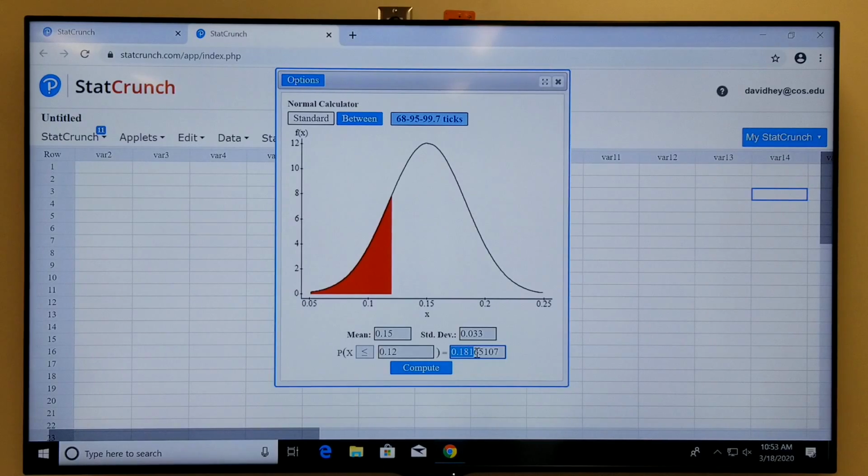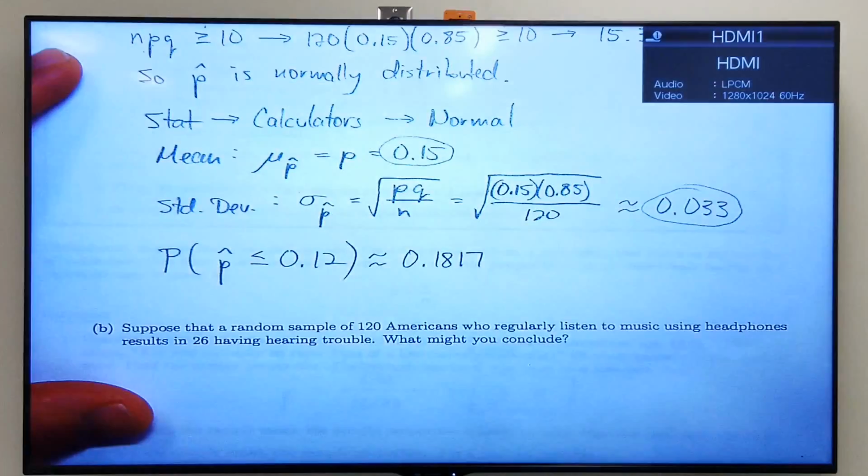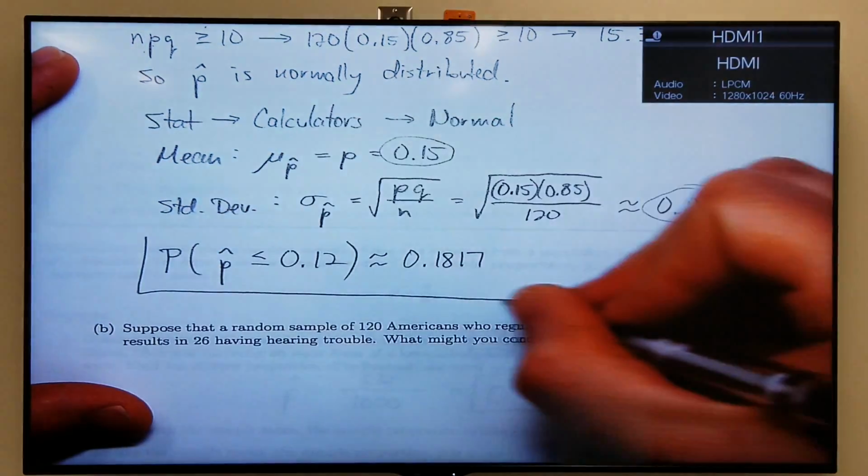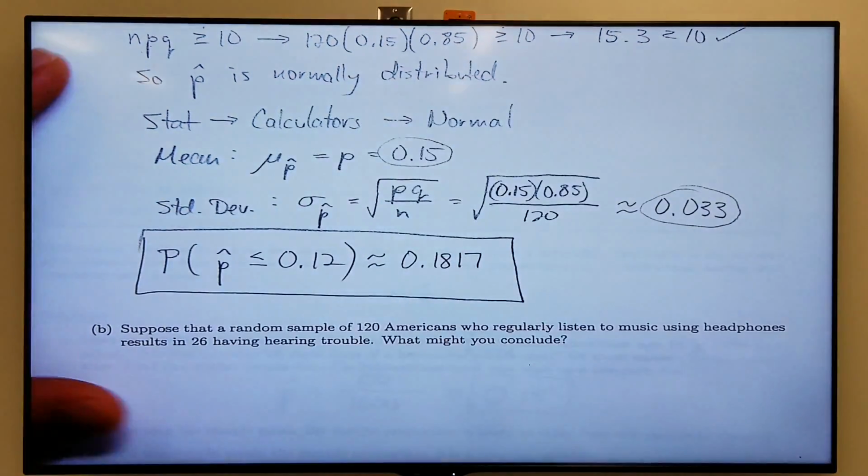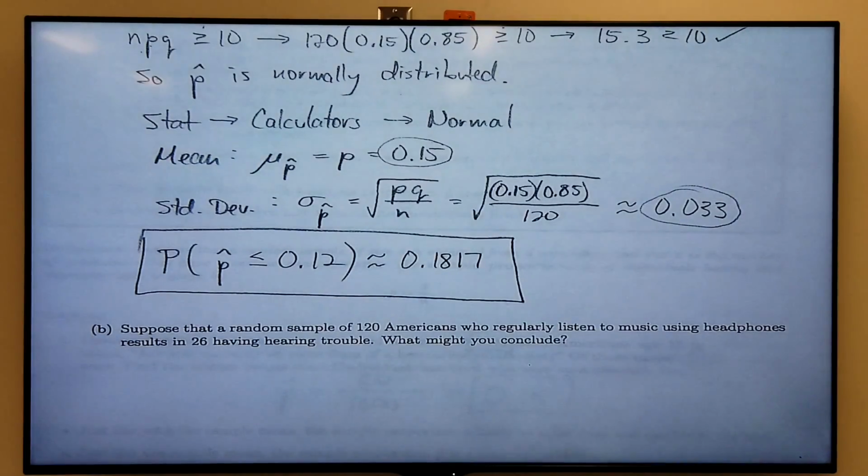Okay, and there it is. That's about 0.1817.